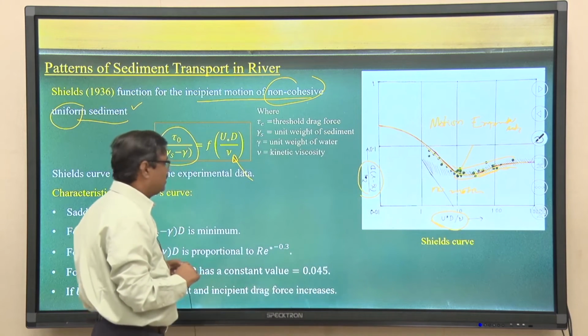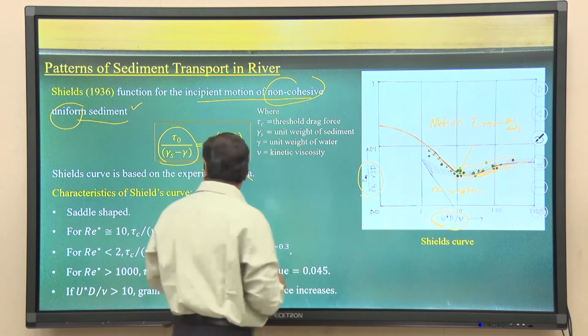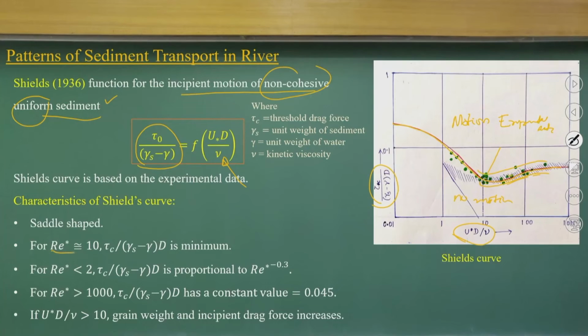When the particle Reynolds number is equal to 10, that is the point here, we get the minimum value. That means the critical shear stress divided by the submerged weight will be the minimum. That is the minimum force necessary to start the motion of the sediment particles.